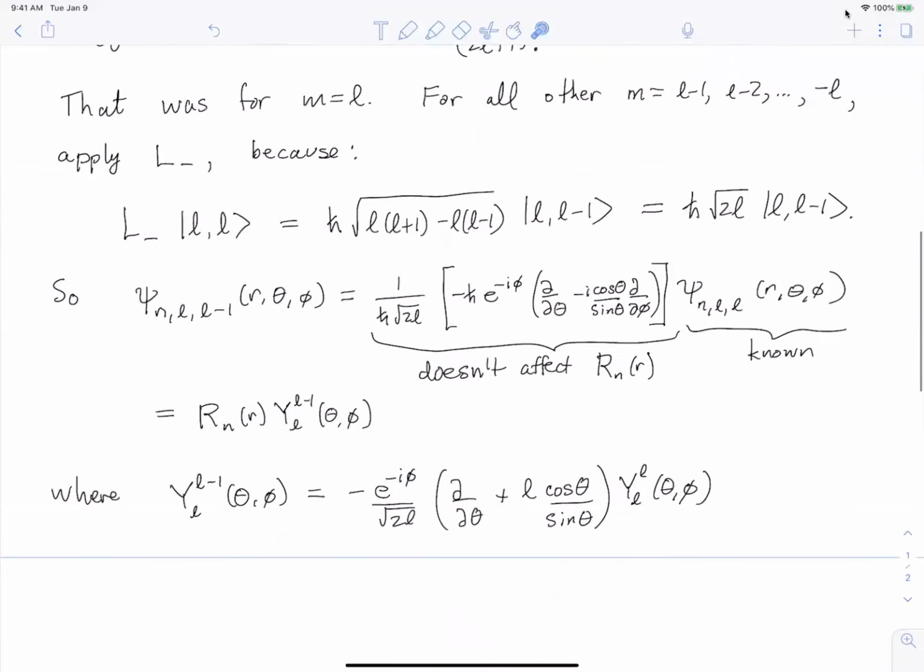So that's just turning this, once we include this minus i factor, that's just turning it into L. And so everything is just a differential operator with respect to theta.